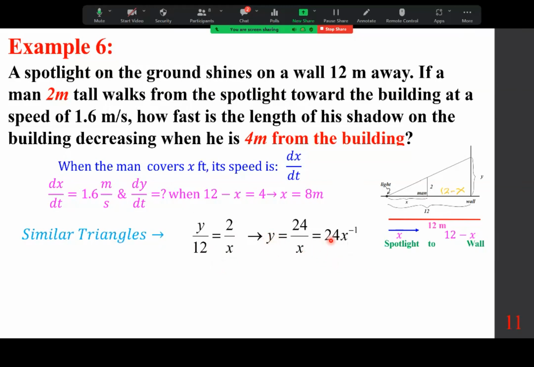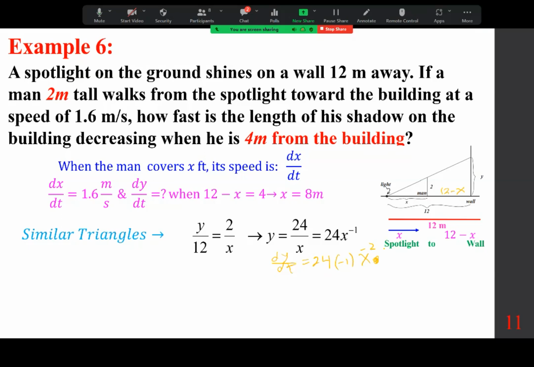So if I want dy dt, it is 24 times -1. So let's do it right underneath. I can write dy dt is 24 times -1 times x to the power of -2.